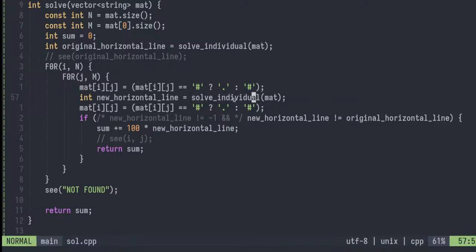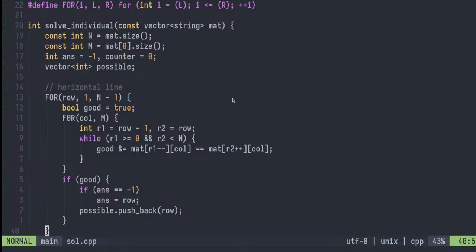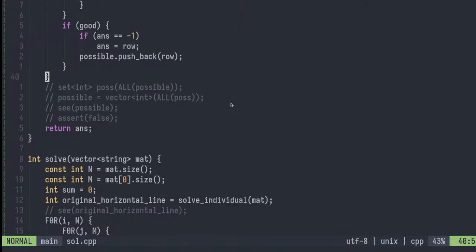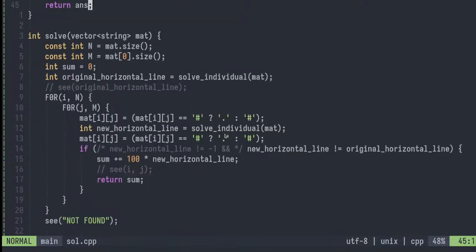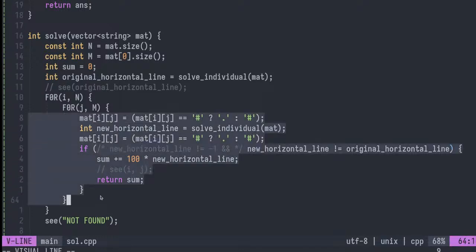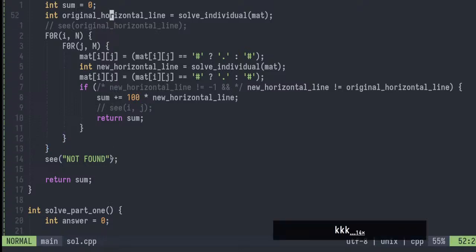Solve for this matrix. I mean, what do we do for the not found case? I hope that is the main issue. Let's also print what was the original thing for those not found.